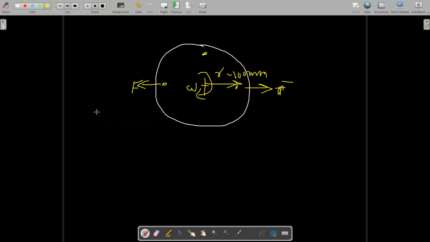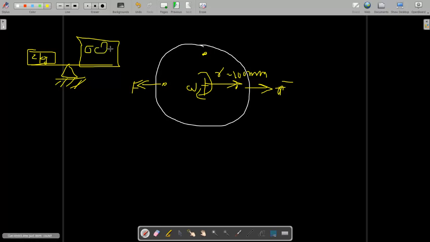Think of a weighing machine. You have taken a 2 kg dead weight, like when you are buying vegetables, corresponding to 2 kg.